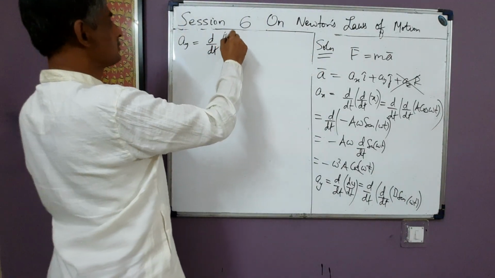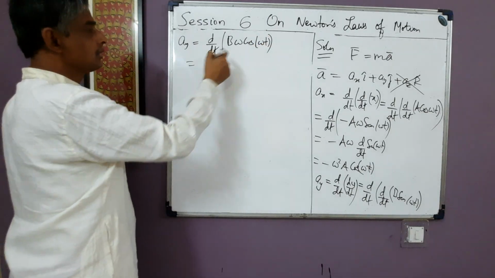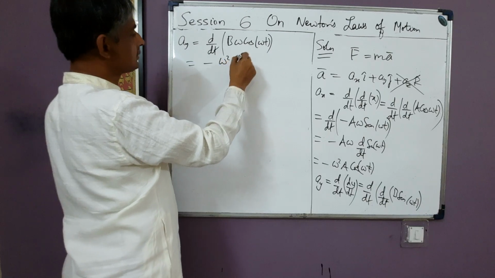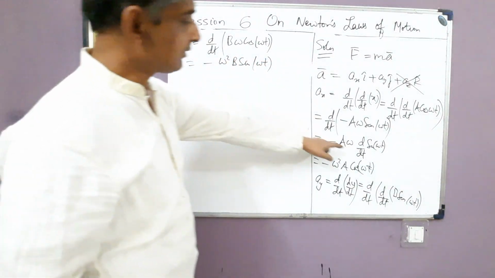Here b omega is constant and comes outside, so this becomes minus omega square b sin omega t. So we obtained ax and ay both.